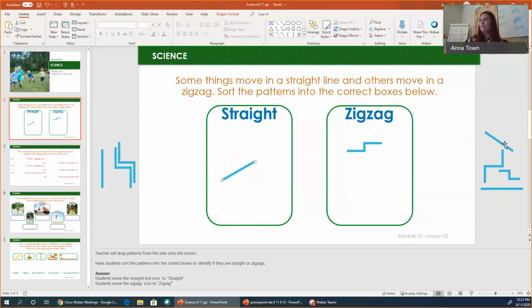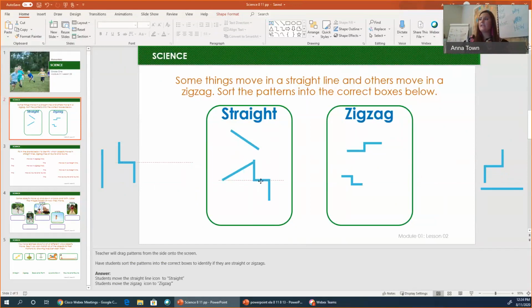I'm going to show you another one. This is also a straight line. It does not have any curves. It stays going in the same direction. Here, this is a zigzag line because it changes directions. It goes side, down, side. It has curves.